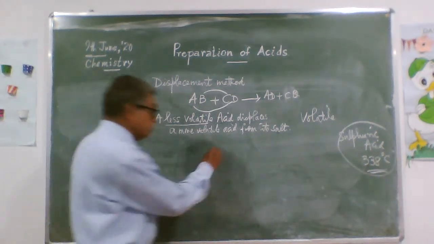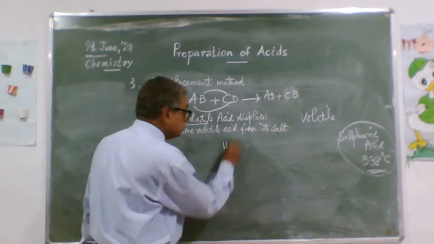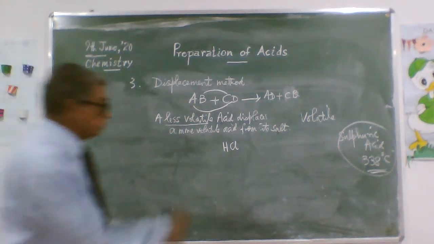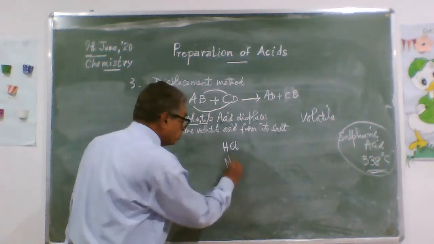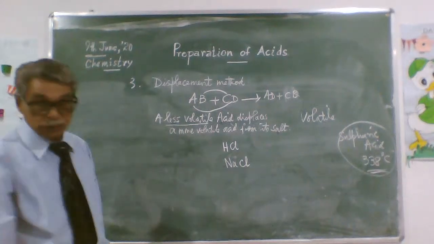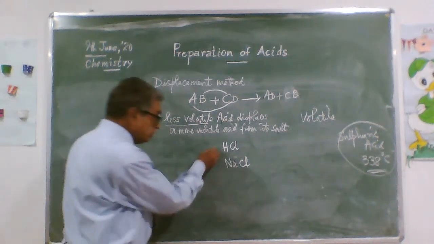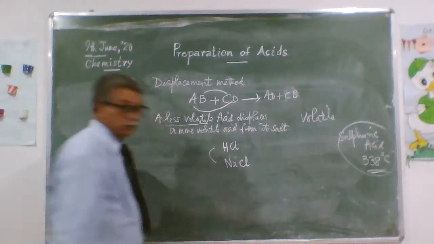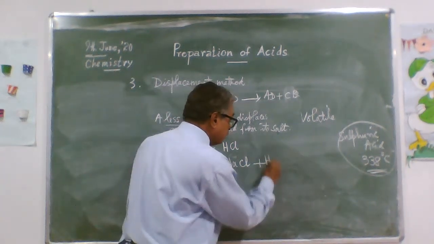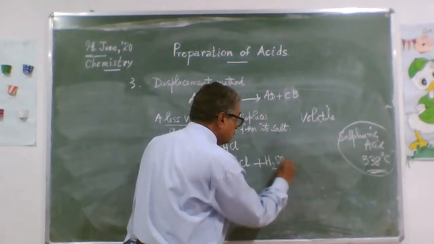You take, for example, hydrogen chloride, a more volatile acid. Its salt is sodium chloride or potassium chloride or any other chloride. It is a salt of hydrogen chloride, sodium chloride. Suppose you add sulfuric acid to it and heat it up.